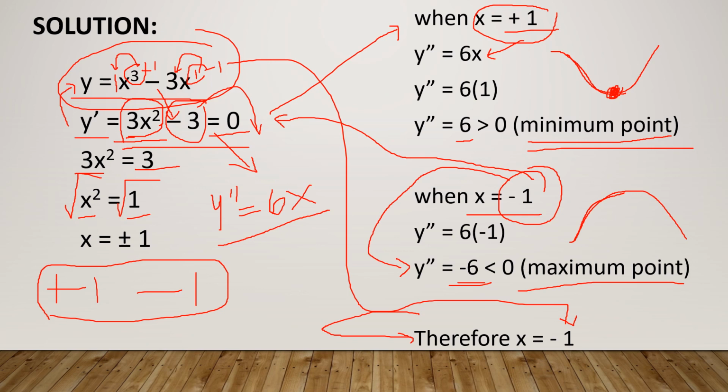So at some point here we can meet your maximum point, and it will present a concave down. Unlike if your second derivative is a positive number, meaning your function is decreasing. At some point here, when your function is decreasing, we can meet your minimum point, and it will present a concave up.